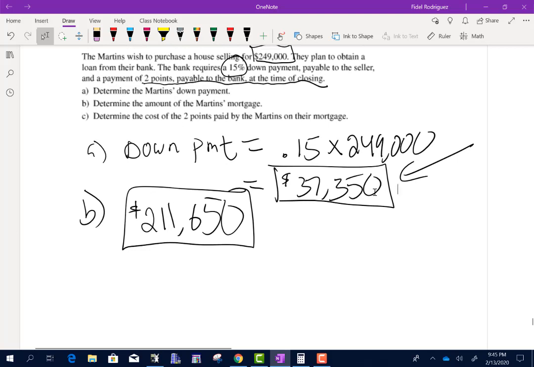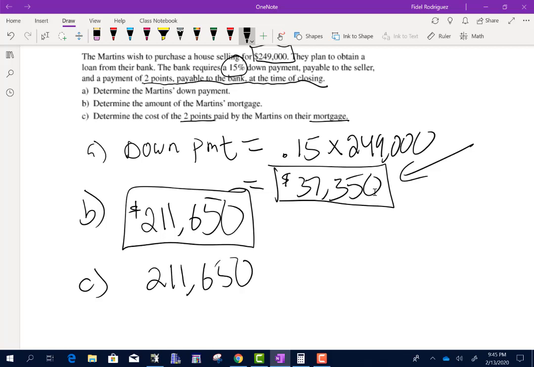And then there's a part C. Look what part C says. It says, determine the cost of the 2 points paid by the Martins on their mortgage. Well, the mortgage is the $211,650. Okay, guys, I told you all before, think about 2 points as 2%. As a decimal, 0.02.